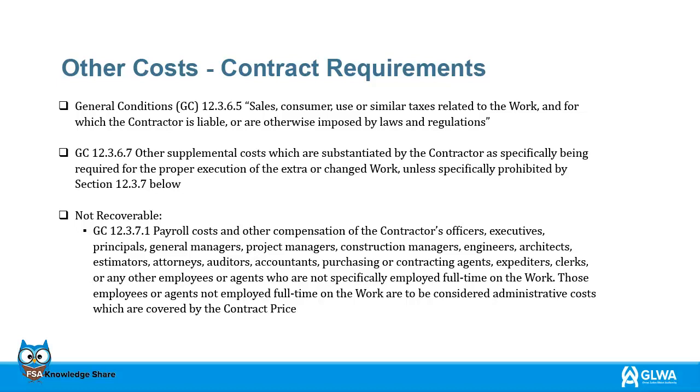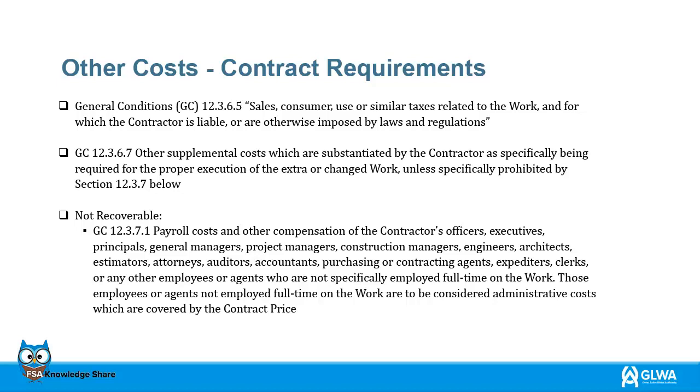Sales, consumer, use or similar taxes related to the work, and for which the contractor is liable, or are otherwise imposed by laws and regulations. GC 12.3.6.7. Other supplemental costs which are substantiated by the contractor as specifically being required for the proper execution of the extra or changed work, unless specifically prohibited by Section 12.3.7 below.